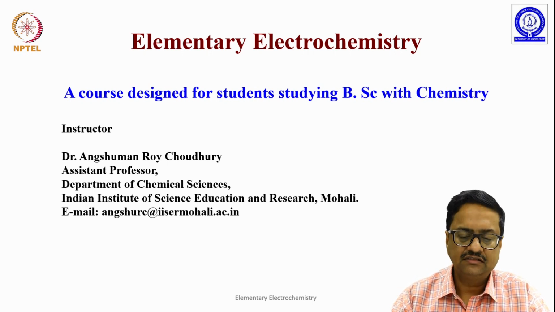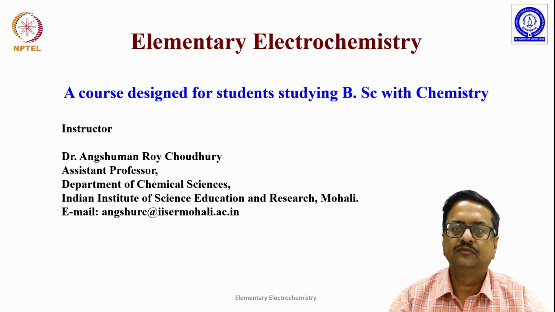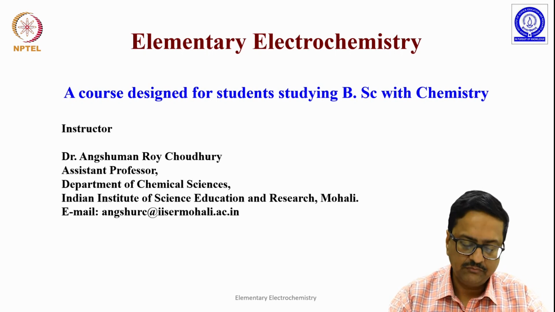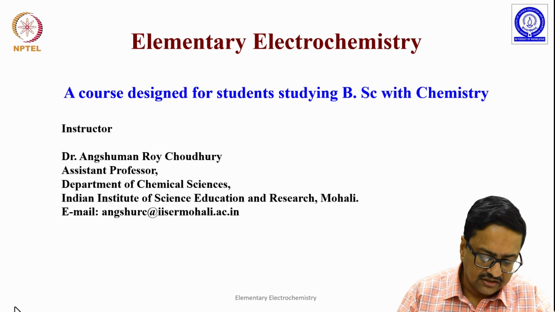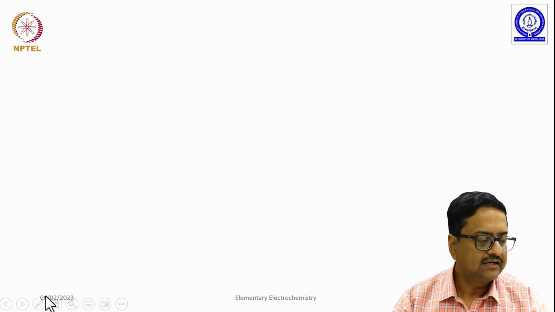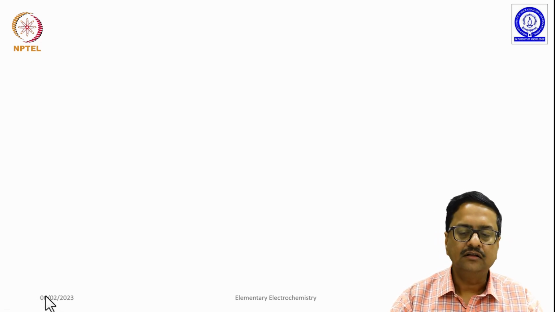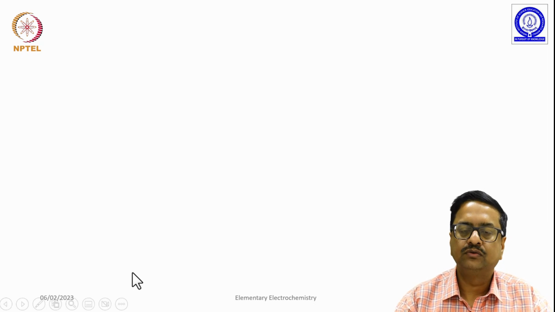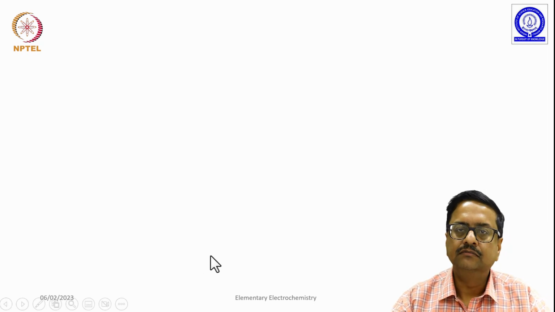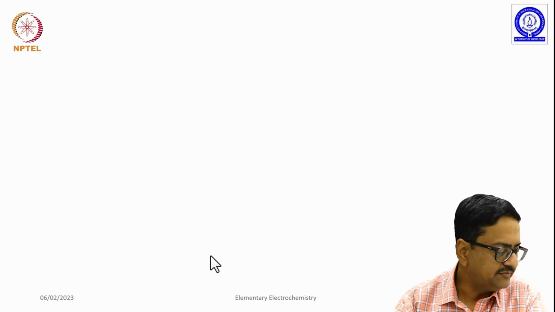In the previous class, we started discussing some of the applications of conductometric titrations, or the measurement of conductance. If you remember, I had given you a couple of problems, and I had asked you to try to draw the titration plots for some proposed experiments.